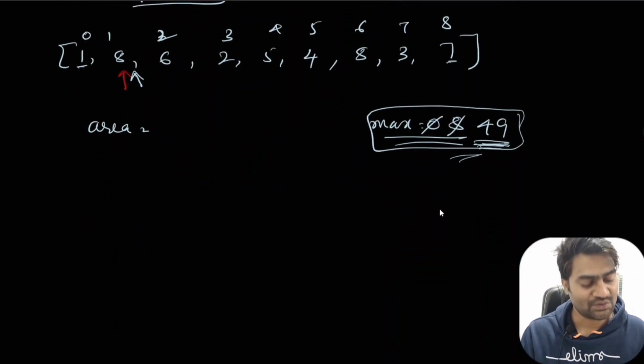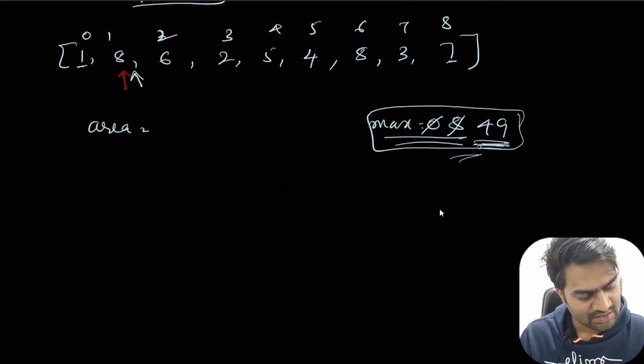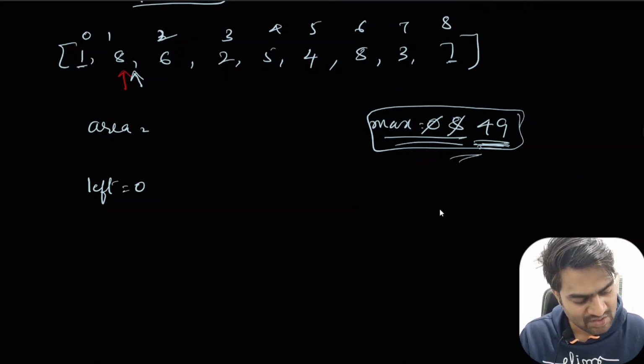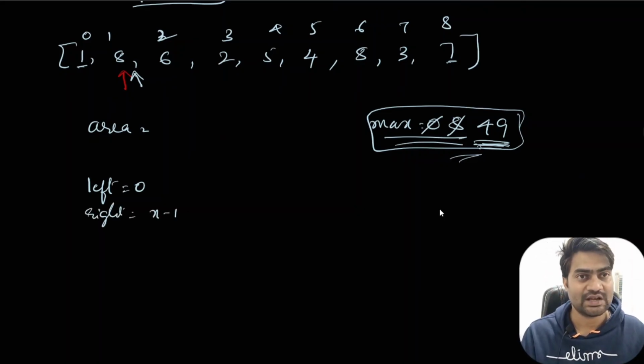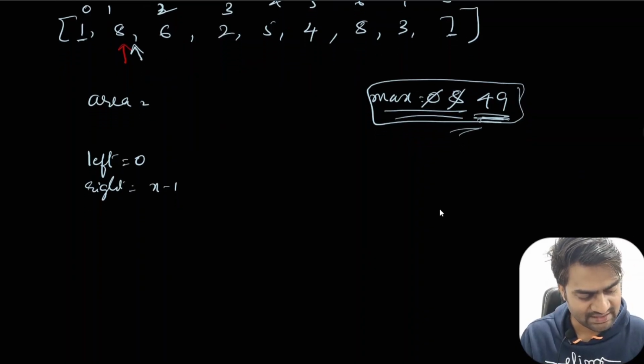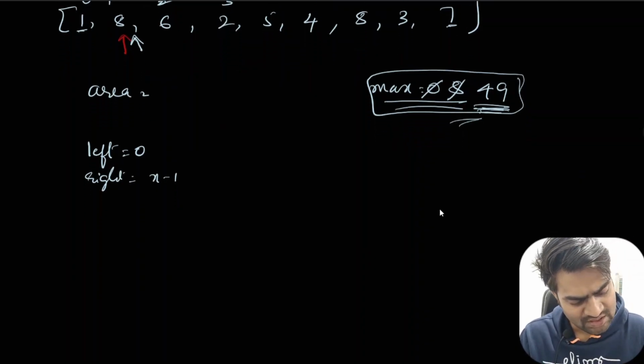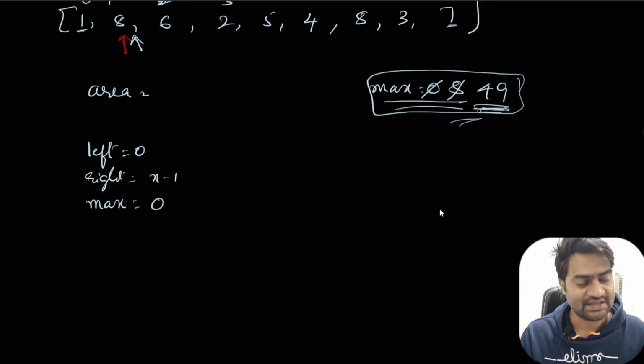Let us try to write the pseudocode for this. Now what I will do, I will say my left pointer is at 0, my right pointer is at n minus 1. N will be the length of our heights array. Now I will take another variable, max equal to 0.